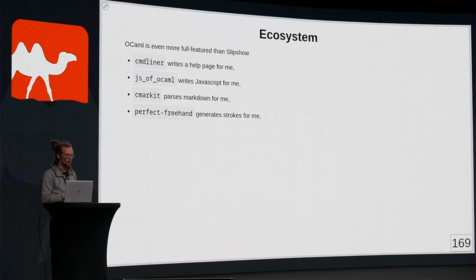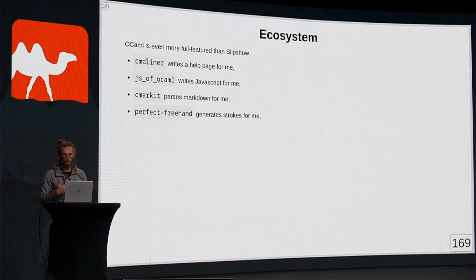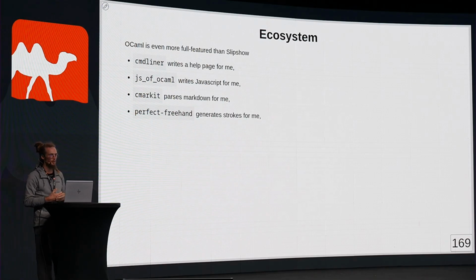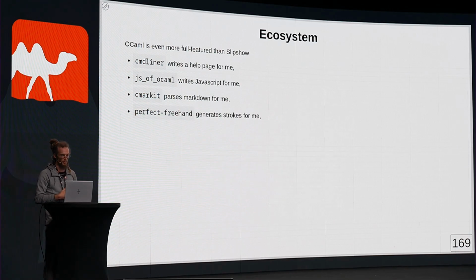So let's have a small overview of the things I use. I often hear that the ecosystem is not so big. I don't know many other languages, so I don't have a lot of comparison points, but I don't think it's so true for me.